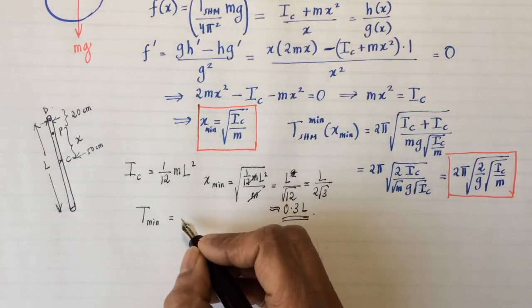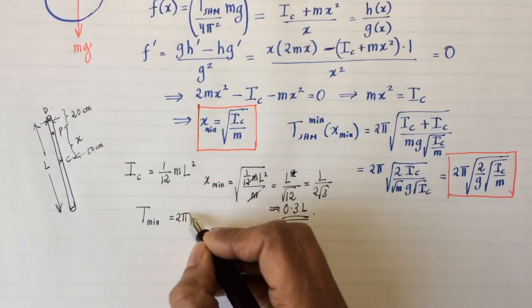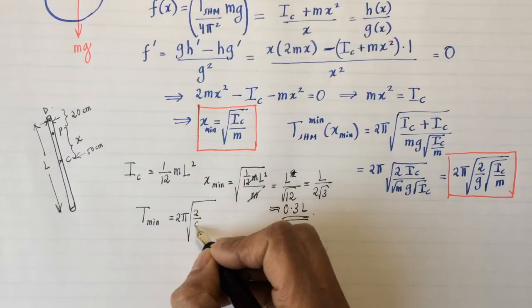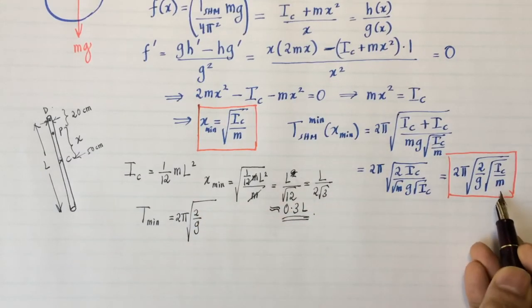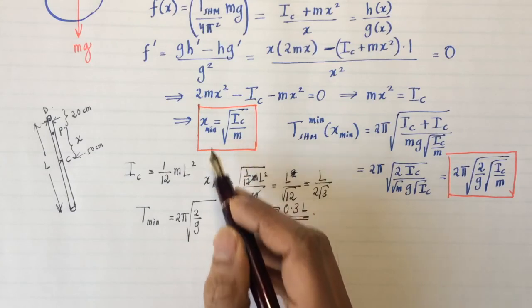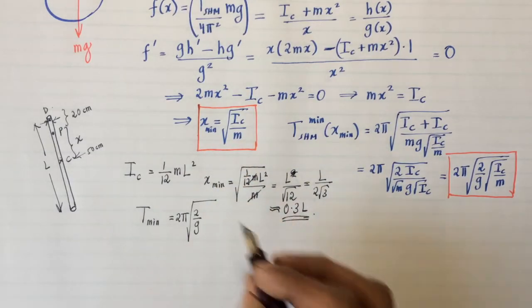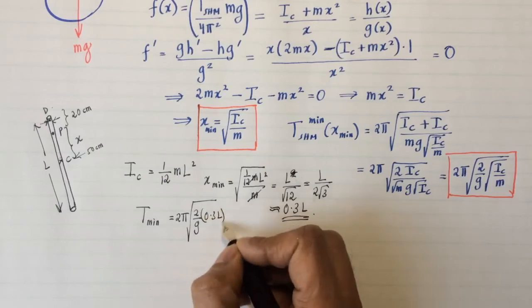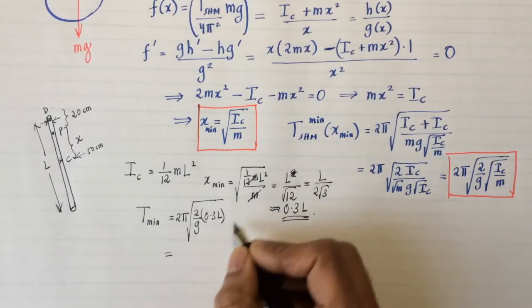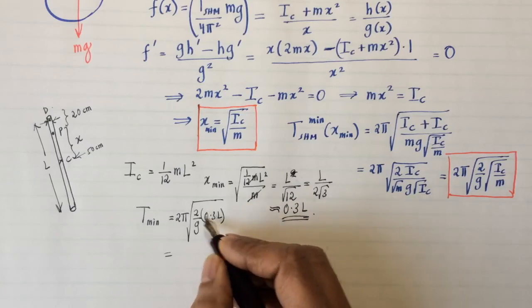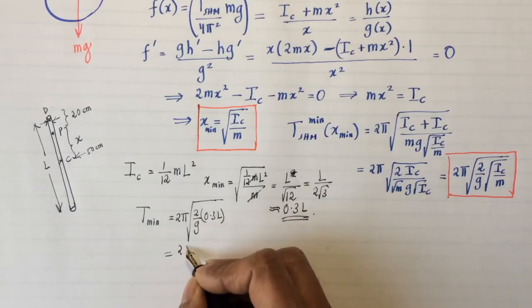It can be found by using this formula. It's 2 pi square root of 2 over g times I sub c over m, which is the same as x min, by the way. So I can simply substitute that here. So it's 0.3 L, being crude. Now for a meter stick, L is 1 meter, so I won't even bother writing it. So that's going to be 0.6 in the numerator.